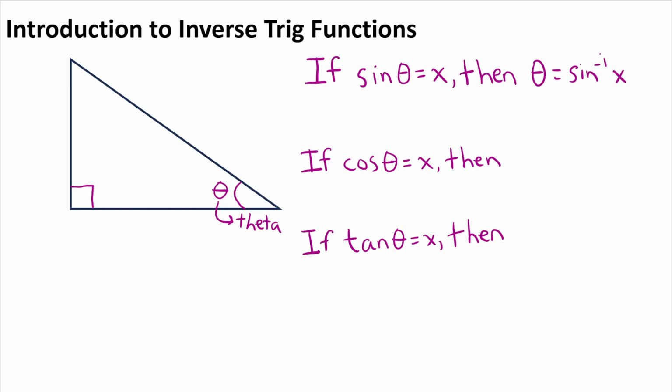This -1 is not an exponent or a reciprocal. It's going to be the inverse. Same thing, if cosine theta equals x, then theta equals inverse cosine of x. And if tangent theta equals x, theta equals inverse tangent of x.